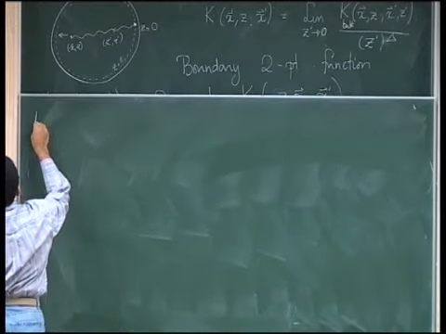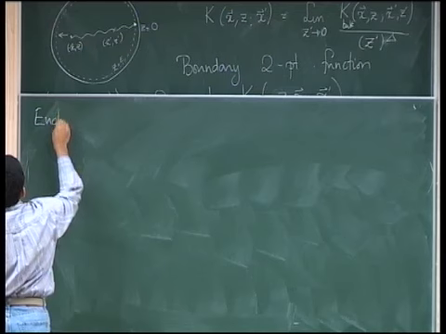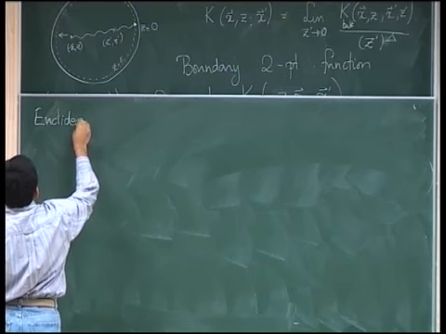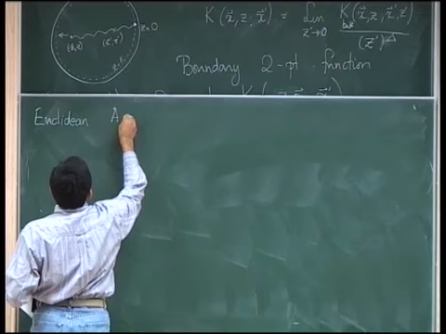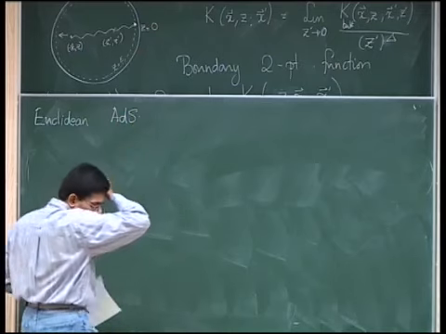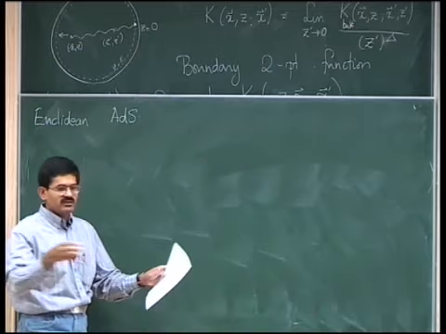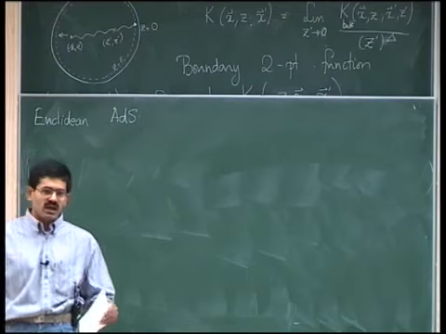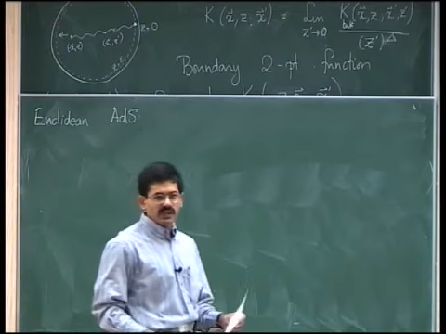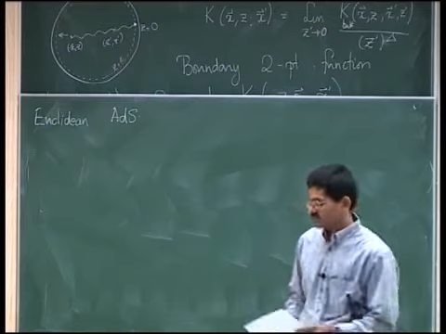So in Euclidean AdS, let me just for the moment stick to the discussion in terms of scalar fields. You could generalize it to other fields propagating in AdS, but it won't change our discussion so much.